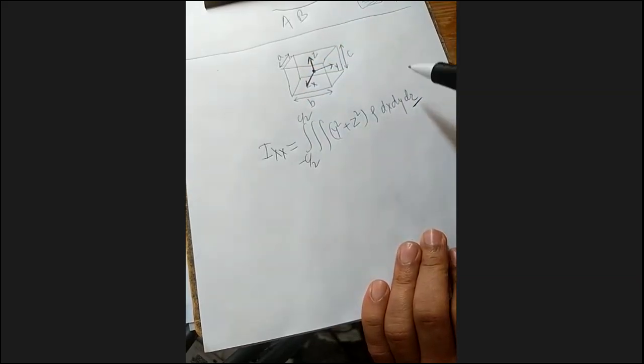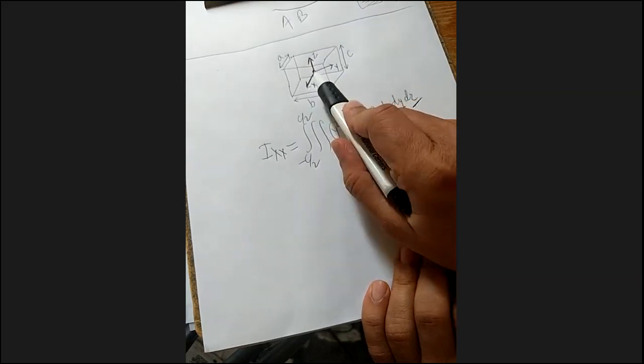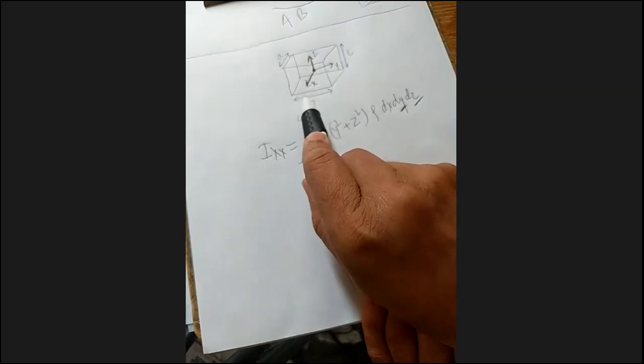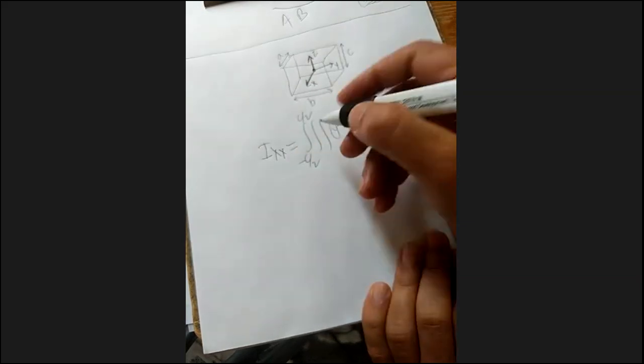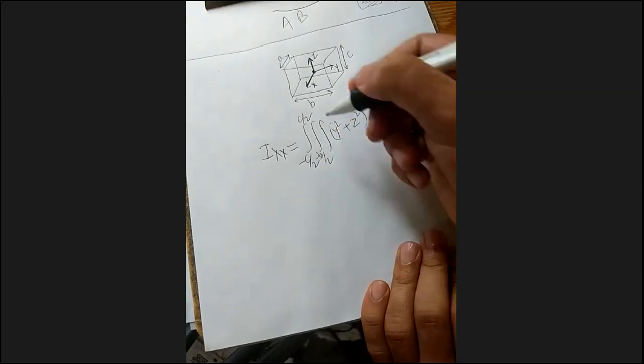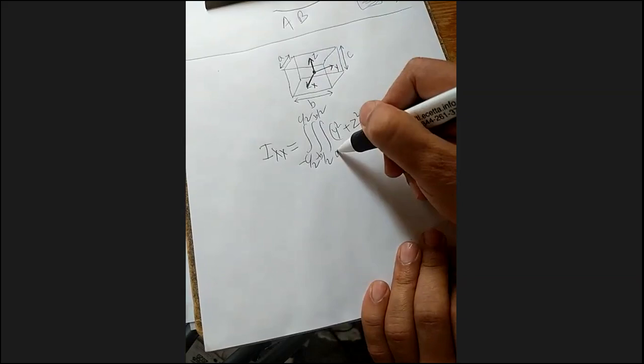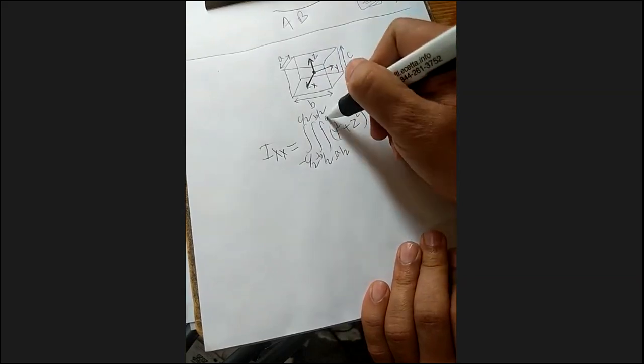Now how about the Y? What is the limit for the Y? This is right in the center, meaning negative B/2 to B/2. Then similarly for the X, you have negative A/2 to A/2. That's my limit.